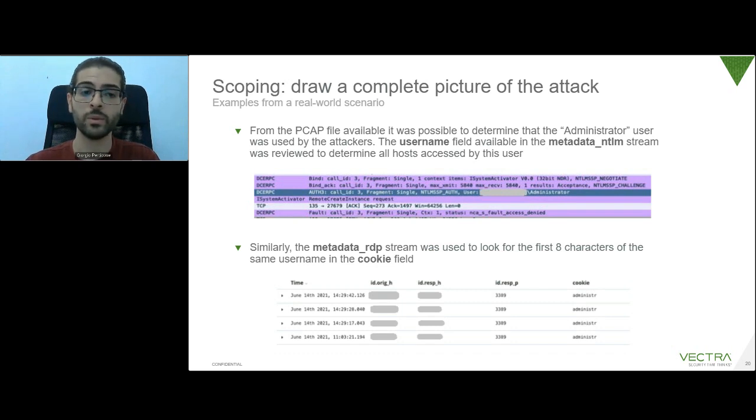Knowing that, we did a query in the RDP stream and looked into the cookie field. We inserted the first 8 characters of administrator as the value, and we found all of the hosts that the attacker compromised, and where they started RDP sessions to move laterally to other hosts in the environment.